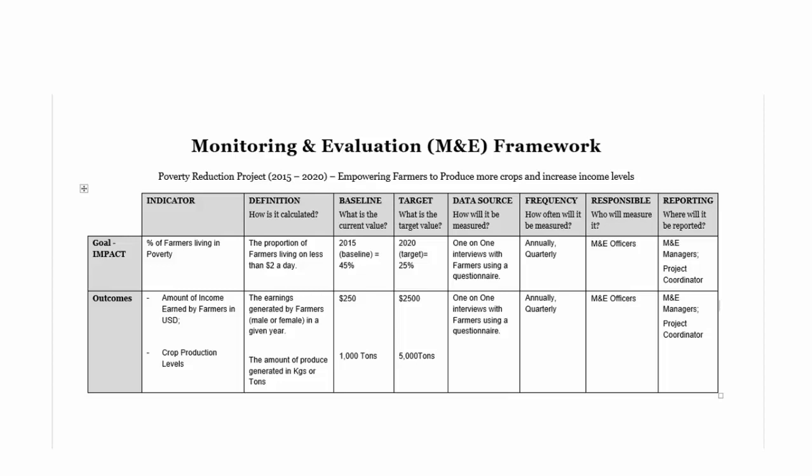You have a project that is designed on poverty reduction. As you can see, the indicators have been populated. This column has been populated. Then you have the definitions, baseline, targets, data source, frequency, responsible personnel, and reporting. So this is pretty much what it is.